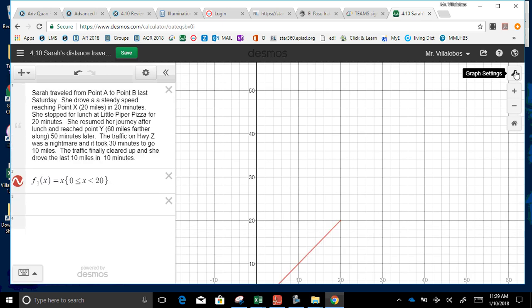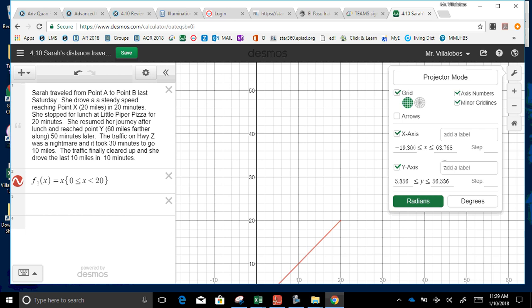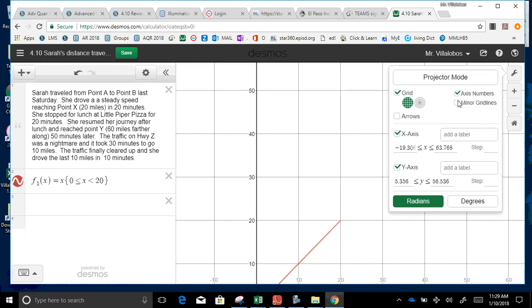Now let's adjust the graph settings, because we want to take off the minor grid lines. We're going to add a label, time in minutes, and the distance traveled in miles.